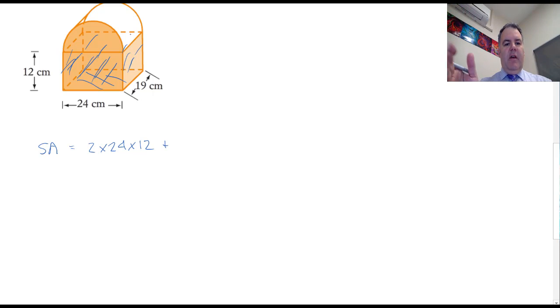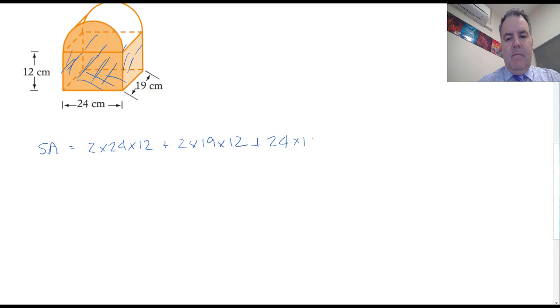The 2 sides are both 19 by 12, so 2 times 19 by 12. That'll be the left and the right hand side. And then we've just got the bottom, which is 24 times 19. So that's the front and back, 2 sides and the bottom. That bit there is done. Let me just erase that.